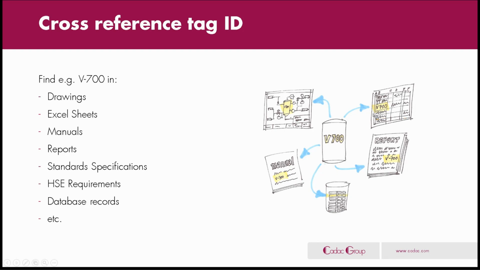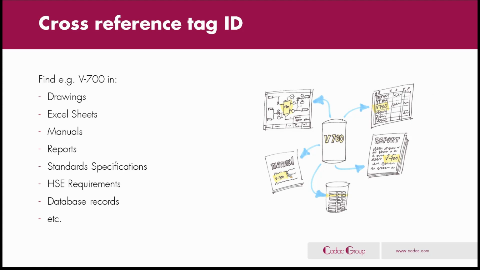And the really good thing about that is that you're going to see differences, and we're going to be able to tell you, in SAP it's called V700, but in your equipment list you call it V-700, and in the manual it's referred to as V.700. Right? And that's because of the machine learning capabilities of the AI engine.